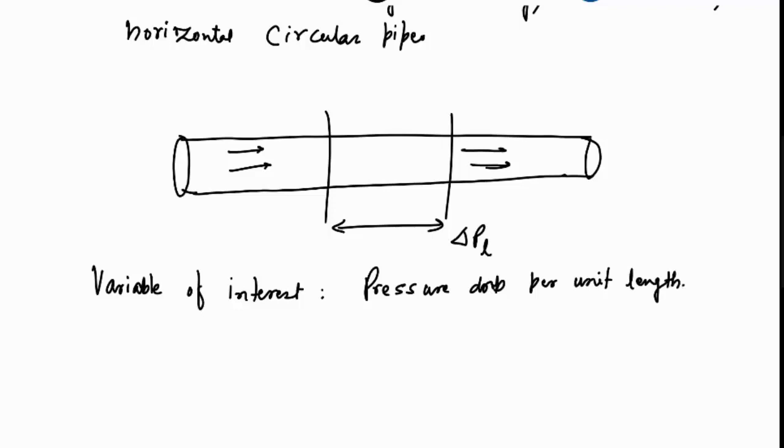Now this problem looks very simple. That is, what is the pressure drop over a given length L? But this problem cannot be solved analytically. This means if you write the equation of motion, Bernoulli's equation and all this, and you consider the friction, viscosity and everything, this problem cannot be solved if you consider all this practical situation.